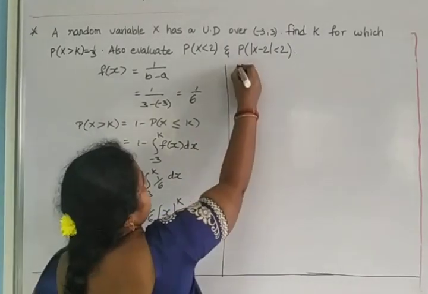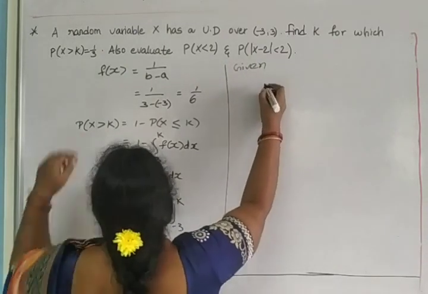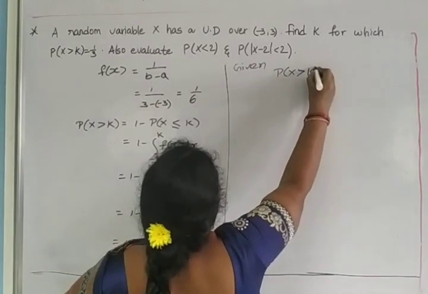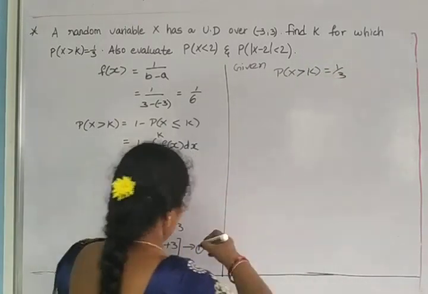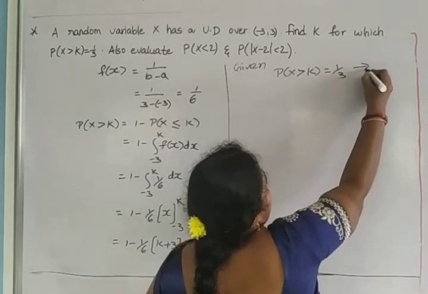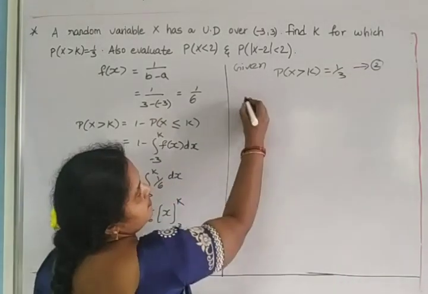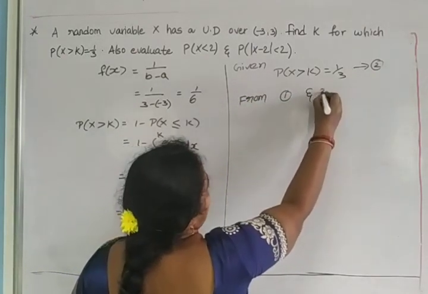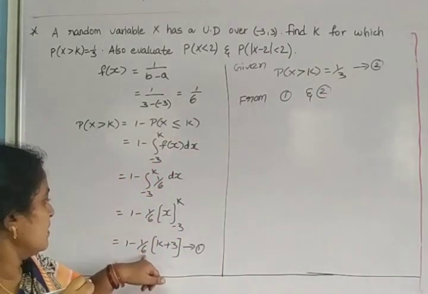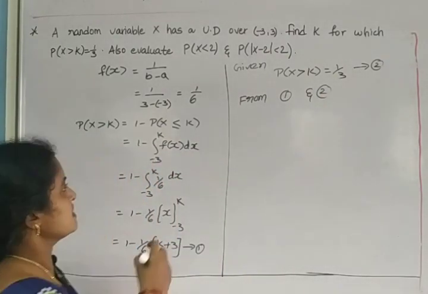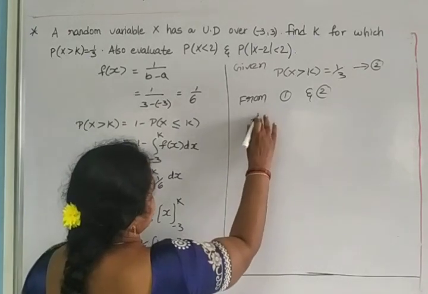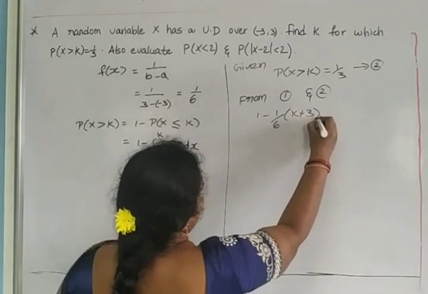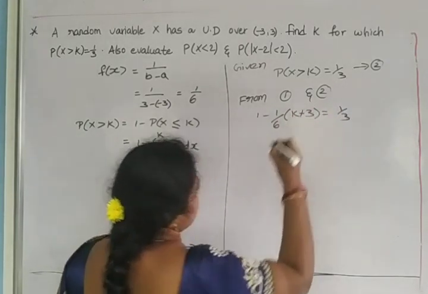Now given p of x greater than k equal to 1 by 3. This is equation 2. From equation 1 and 2, we will equate these two terms, that is 1 minus 1 by 6 into k plus 3 equal to 1 by 3.